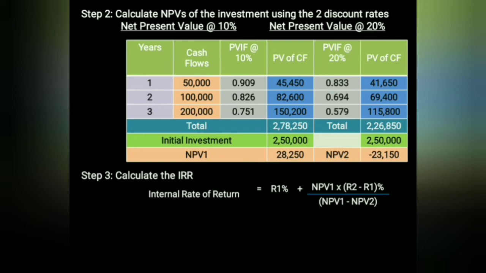R2 means the higher one, at the rate of 20%. NPV1 is net present value 1 and NPV2 is net present value 2. We are substituting and finalizing, and we will get the answer.